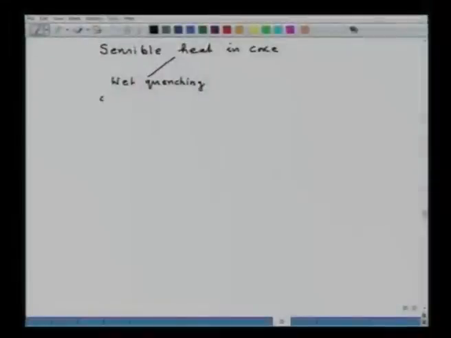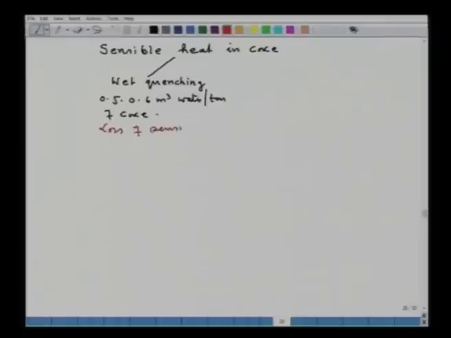We require around 0.5 to 0.6 cubic meter of water per ton of coke. Now in using wet quenching, because water vapor is formed, it is lost in the surroundings. As a result, loss of sensible heat, point number 1.